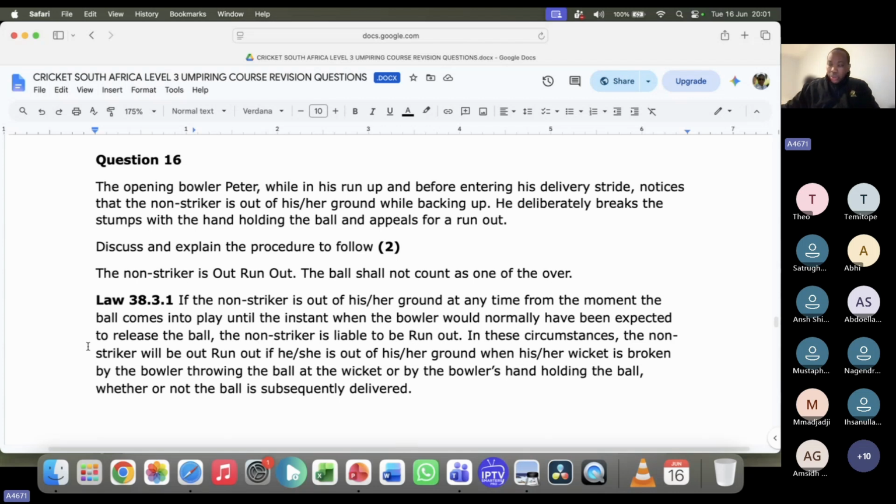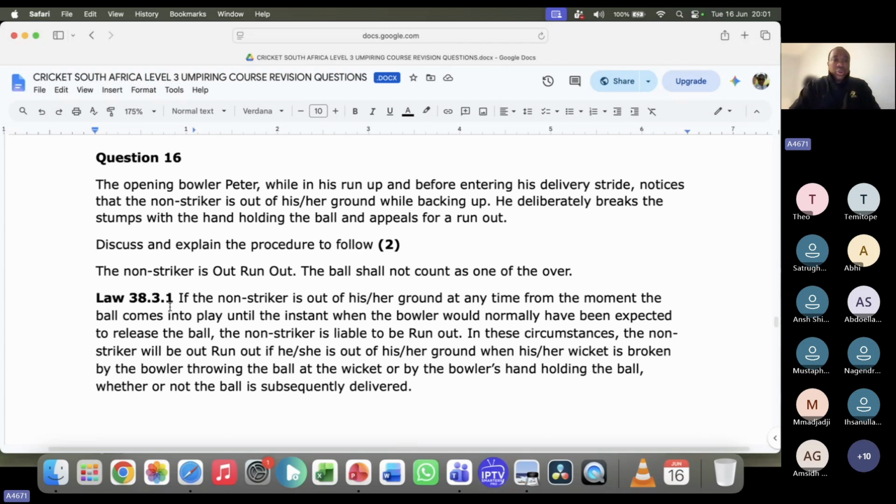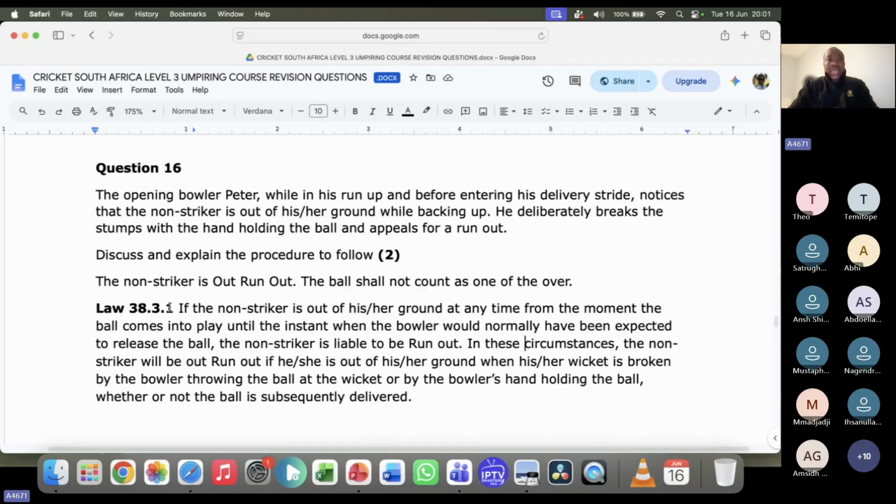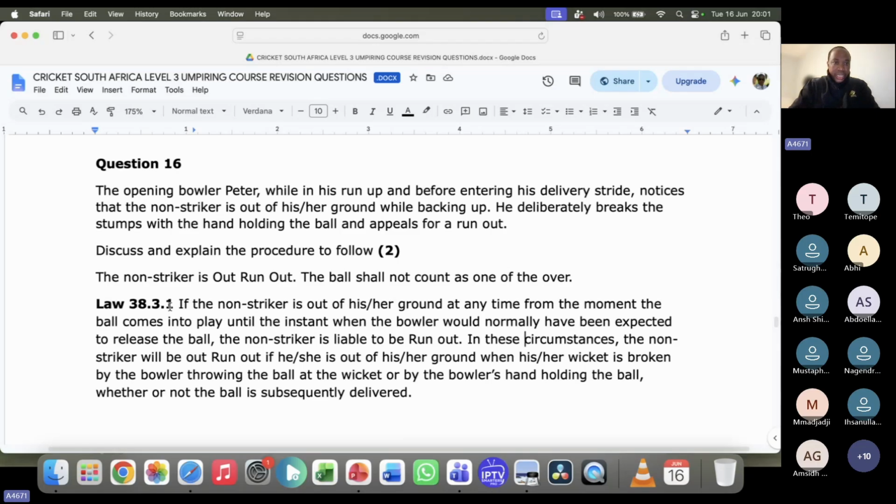But according to law, the non-striker can still also be out run out, because you can be out run out off a no ball. But it won't count as a legal delivery because it is a no ball.